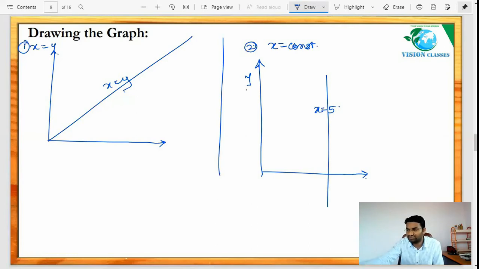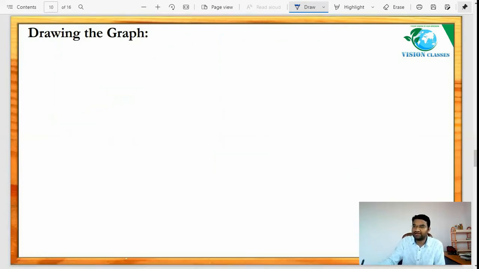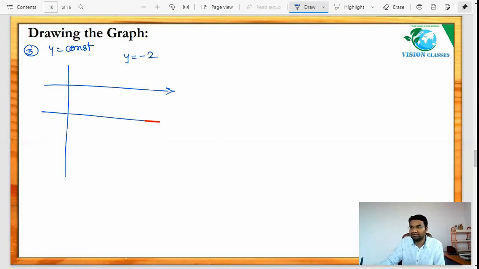Now the next one, the third type of graph, is y is equal to constant. Let's say you take y is equal to negative 2. Negative 2 means the graph will be like this one, right?